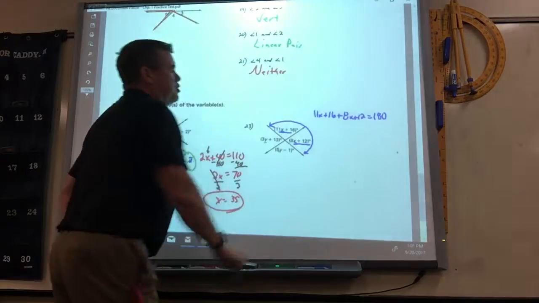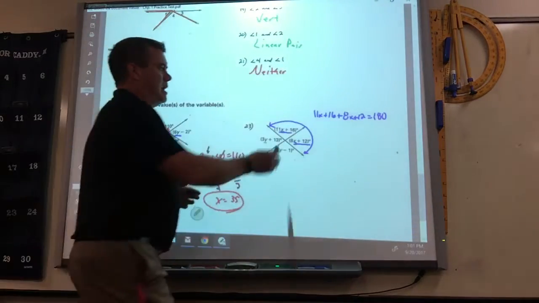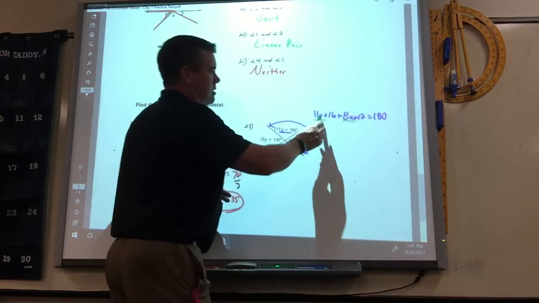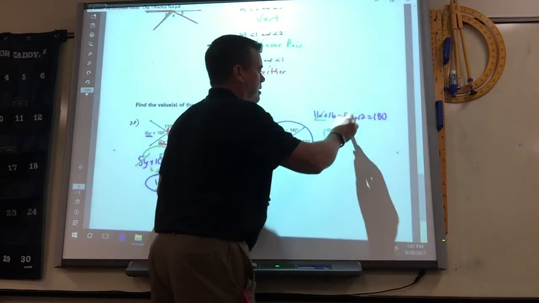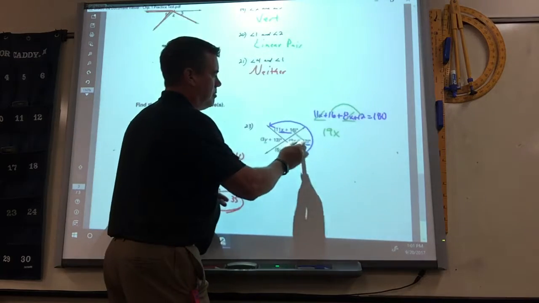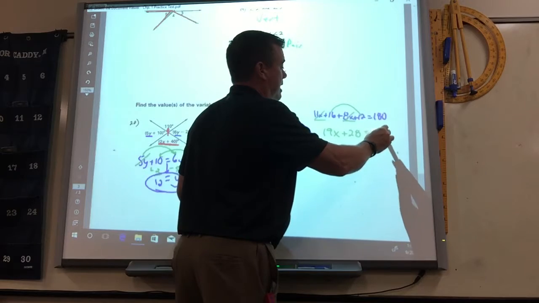So remember, when you do this, you could just skip writing it all down and do it in your head. Combine the x's. 11x and 8x makes 19x's. The 16 and 12 makes 28. Has to equal 180.